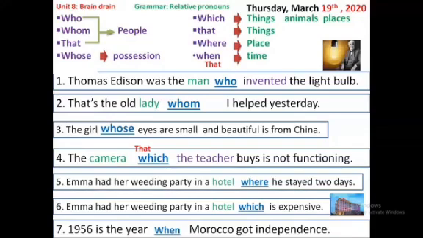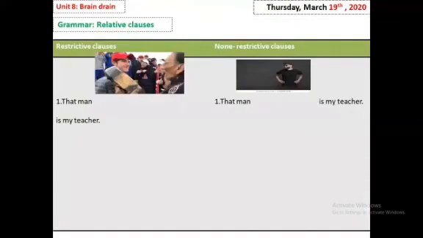Now let's move to speak about relative clauses. I'd just like to begin with these two pictures. I think it's clear enough for you to compare between these two pictures. So here we have two examples and two pictures, and now we're talking about relative clauses. So what's a clause? A clause is a group of words with a verb.